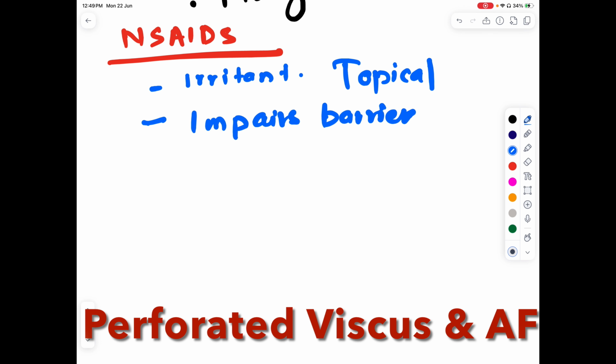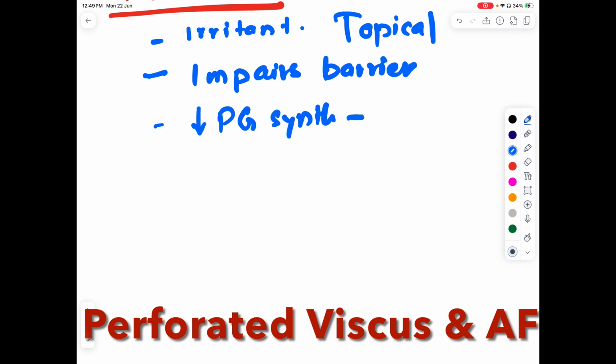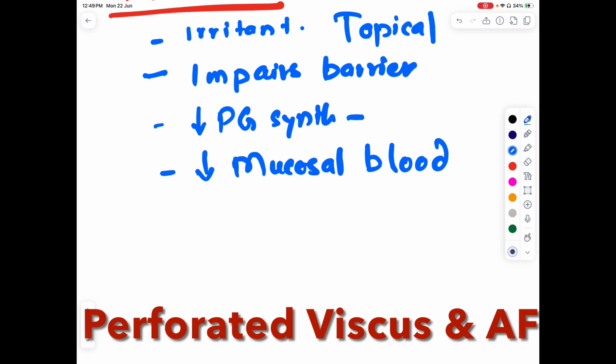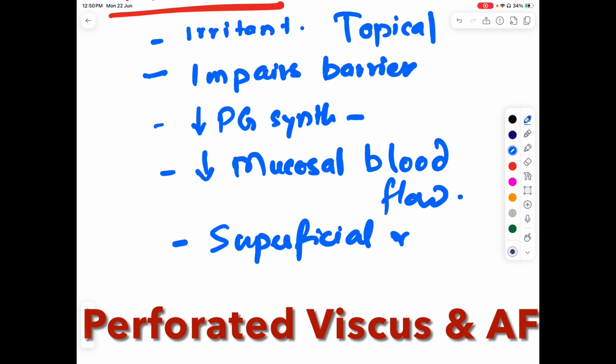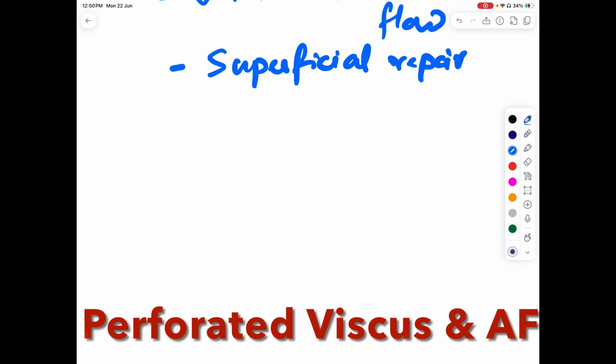Then it causes decreased prostaglandin synthesis, which is protective, by inhibiting cyclooxygenase. It decreases mucosal blood flow. Then it interferes with superficial repair, so it interferes with the repairing of mucosa. So these are the causes.